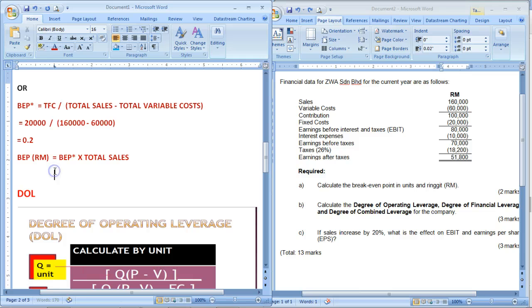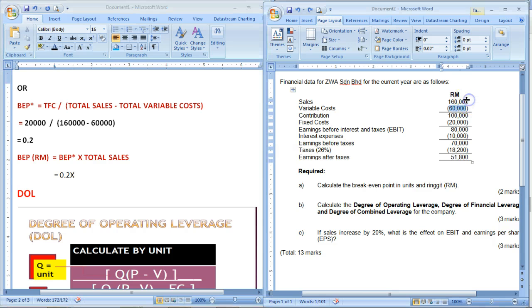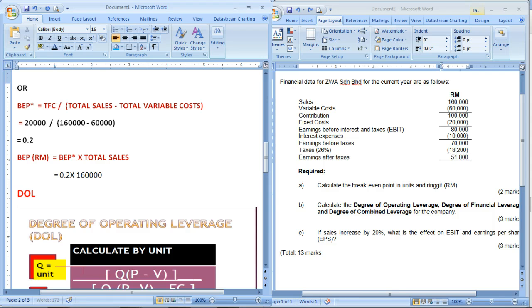So what is your total sales? The answer that you get, 0.2, you need to multiply with total sales. You just extract the information from the question, 160,000.